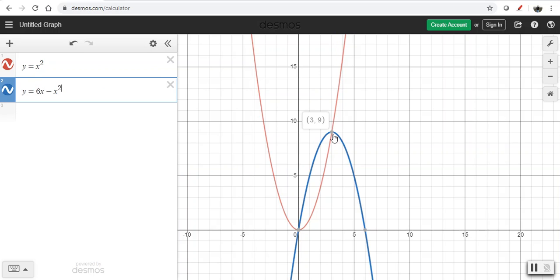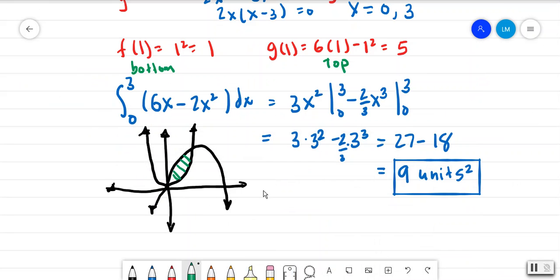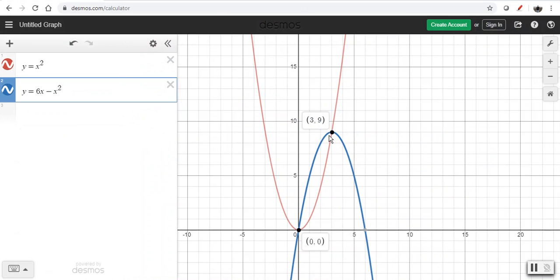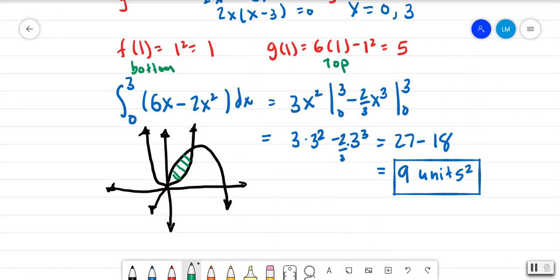So if we click here, that's 0 to 3. Now that means that my graph is off. Yeah, my sketch is off because it's supposed to pass through the vertex. Okay, so that means that, yeah, this is definitely not to scale. But we still found the points of intersection.